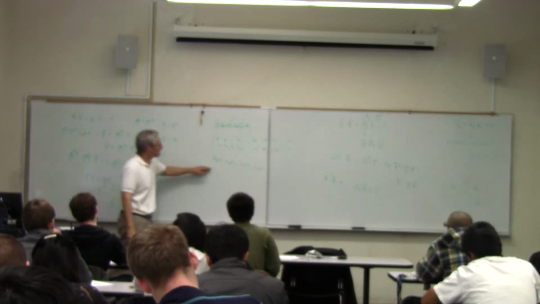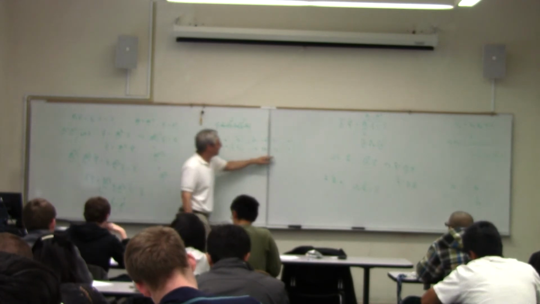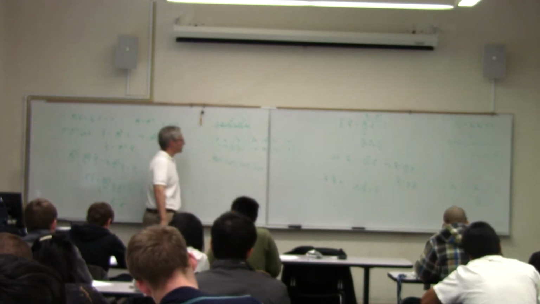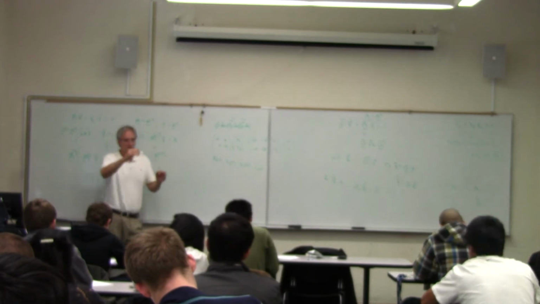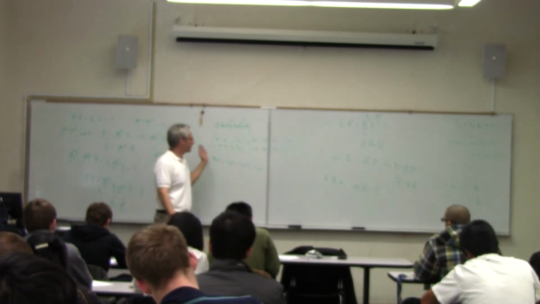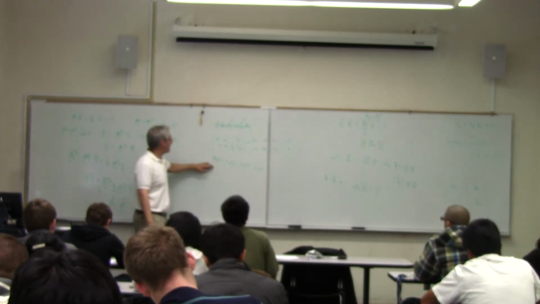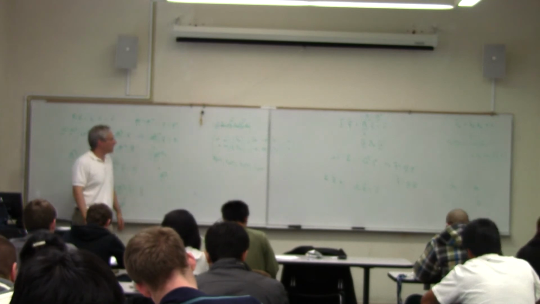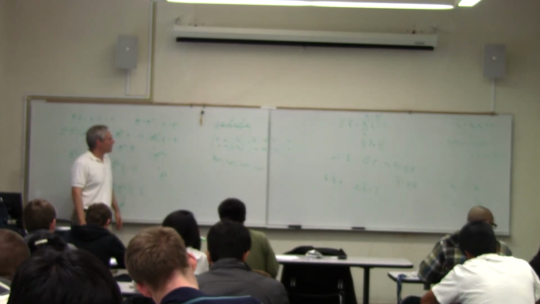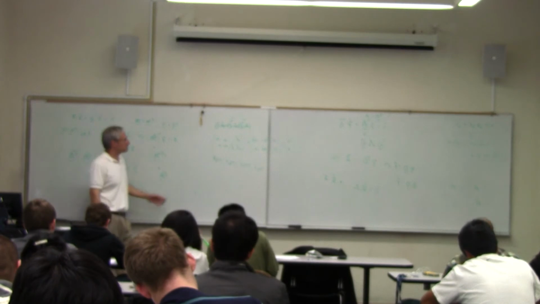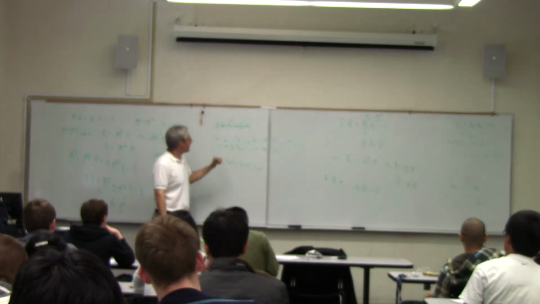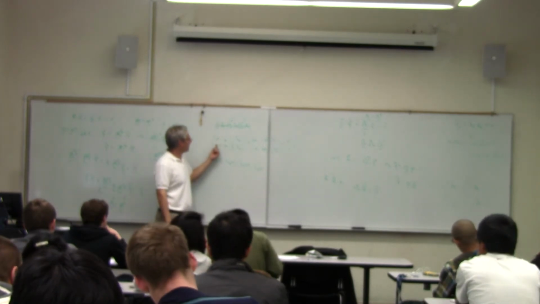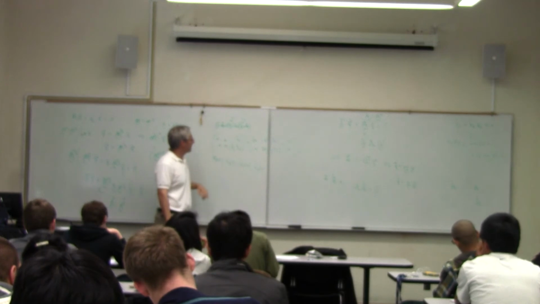So if I give you these initial conditions and I give you this differential equation, then the solution exists for all time greater than 0, and it's specified by the combination of the equation and the initial conditions.